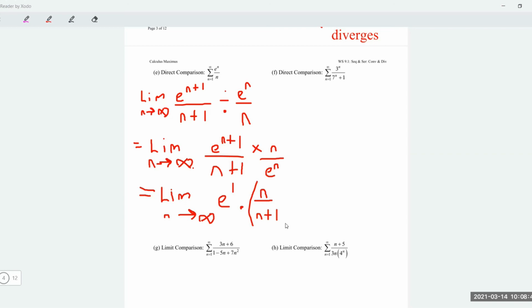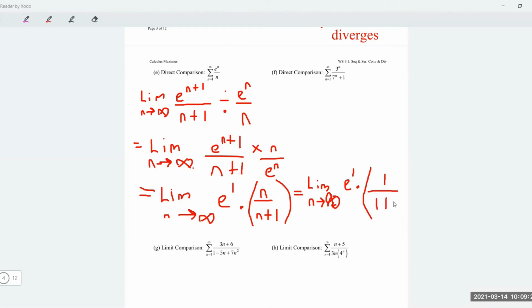Now, we can break the limit as the product of their limits. So that's the limit as n approaches infinity of e to the 1 multiplied by, dividing through by the highest power of n, 1 over 1 plus 1 over n.